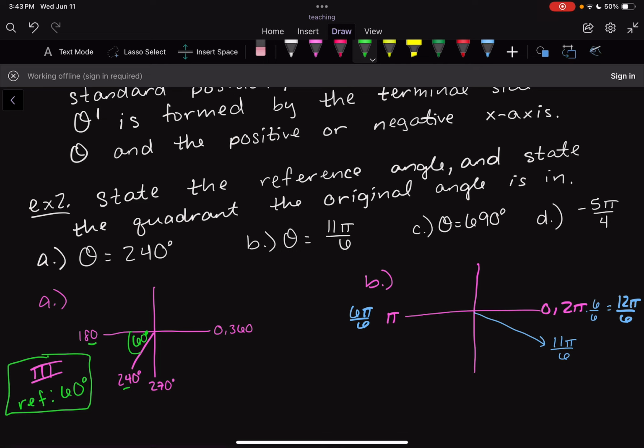And so the distance from 11 pi over 6 to 12 pi over 6 is pi over 6. So my reference is pi over 6. Just as a reminder, that equals 30 degrees. And I'm in quadrant 4. So now if we're looking for sine, cosine, whatever, of 11 pi over 6, instead of having to memorize this, I can go reference my table and just look at 30 degrees instead.